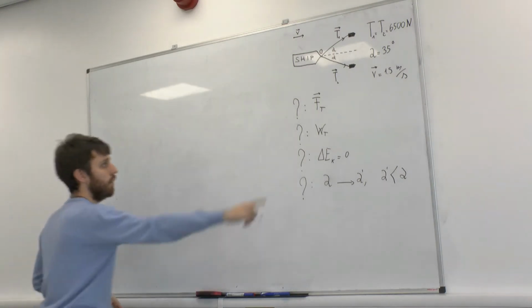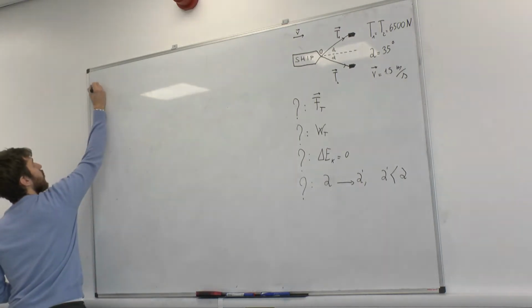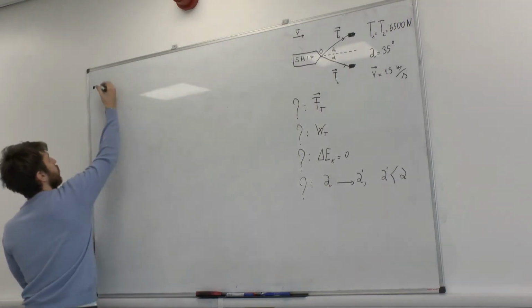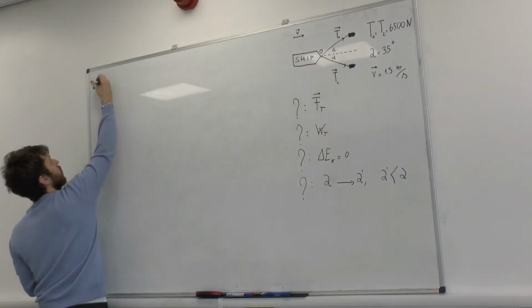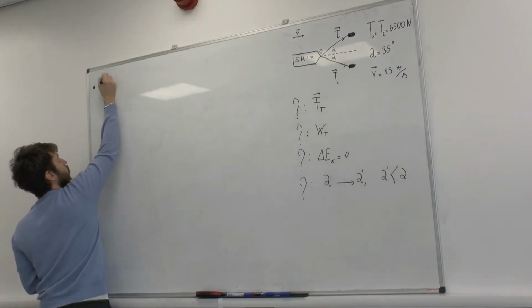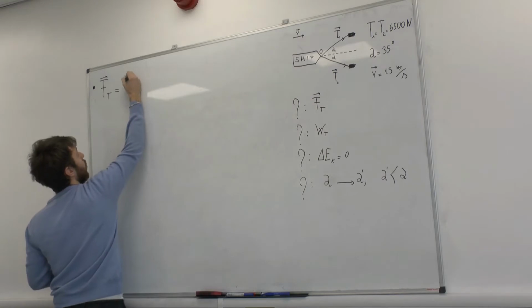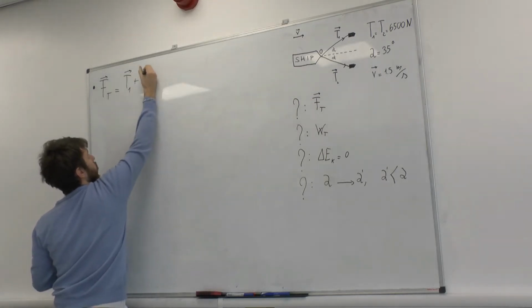So let's start from point 1. Basically we have to calculate the total force acting on the ship. The total force is just the vectorial sum of the forces T1 and T2.